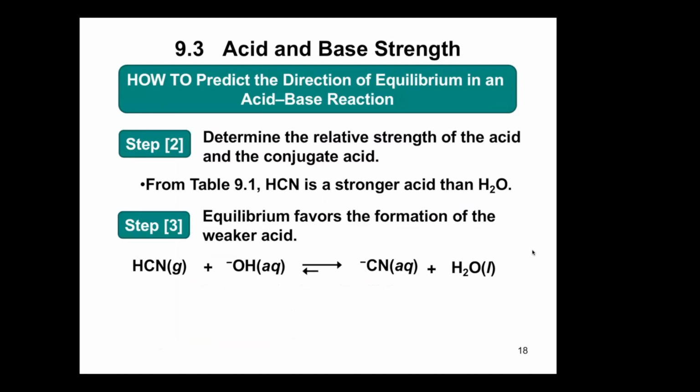Mayroong mas mahaba compared doon sa isa. So whenever you see this kind of reaction arrow, always remember that the longer reaction arrow will signify the favor of the equilibrium. So in that case, di ba, we have established that water is the weaker acid. So the reaction will favor the formation of the products or the forward reaction.